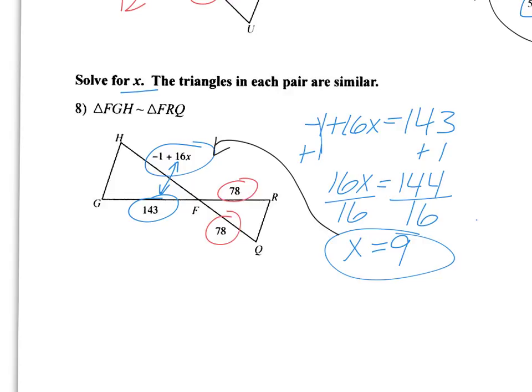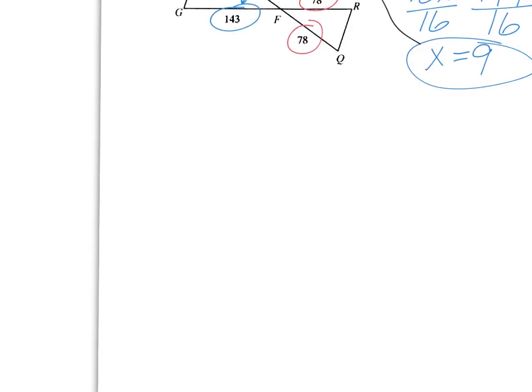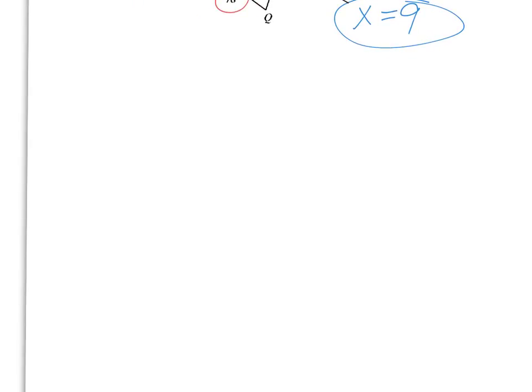So using similar triangles, real quick, before we end this, I want to review what are the ways to prove triangles are similar. So we have SSS similarity, SAS similarity, and AA similarity. Okay, so those are the three ways to prove triangles are similar.